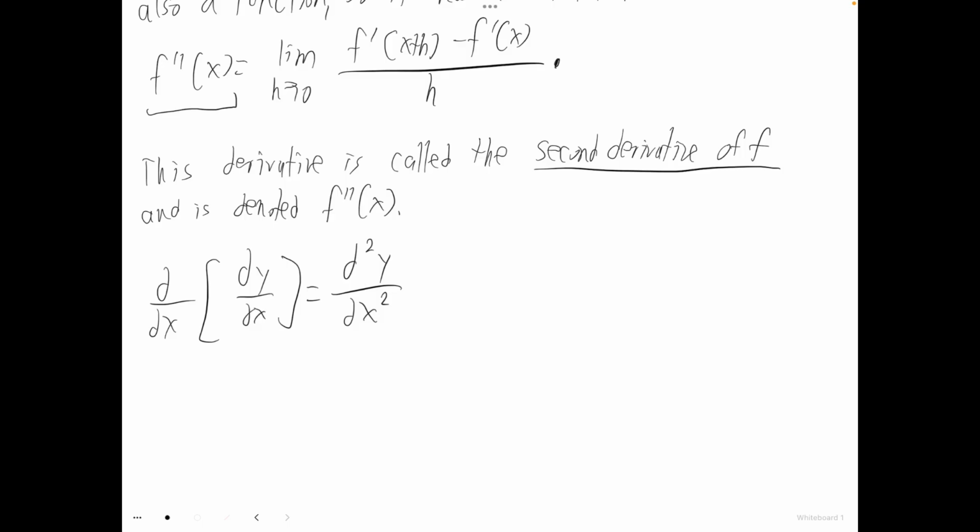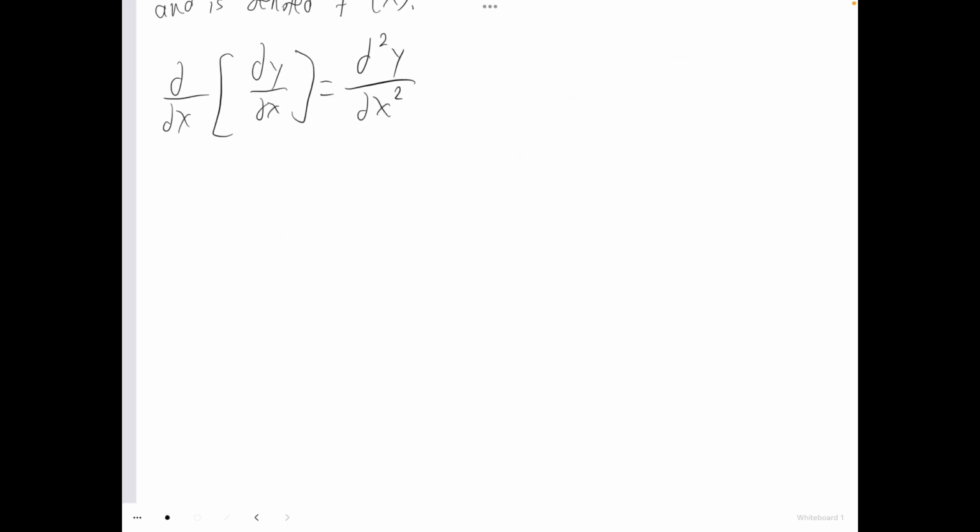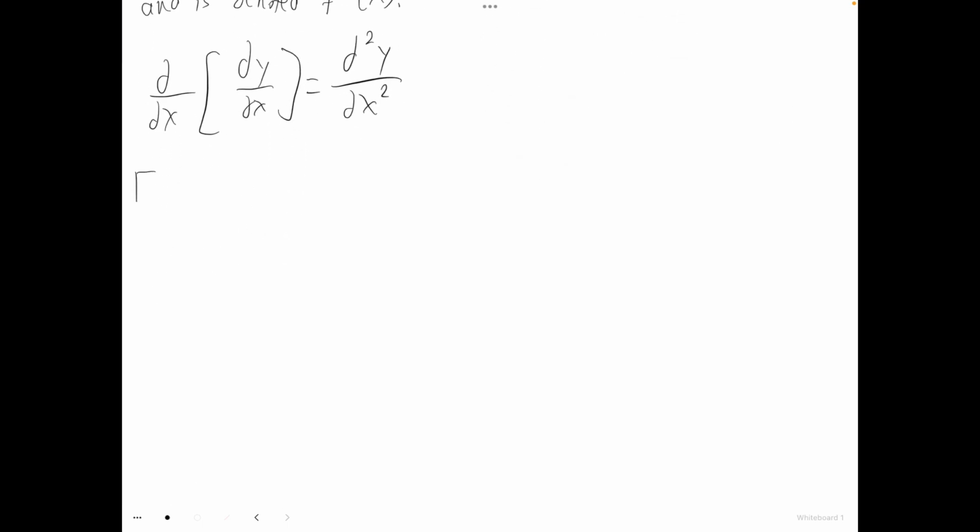So let's do an example of computing the second derivative of a function. We want to find the second derivative of y equals 3x squared minus 2. Let's compute its derivative to start with.